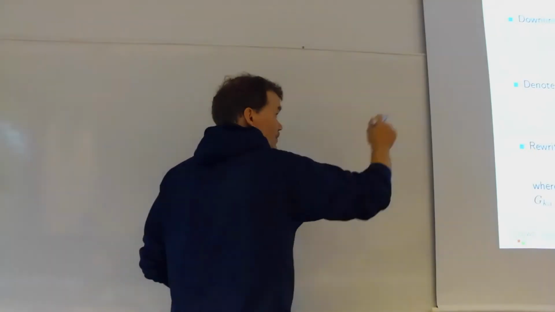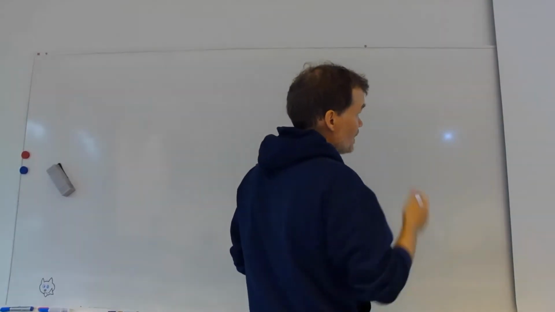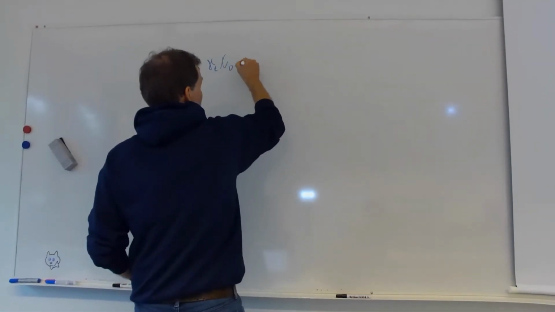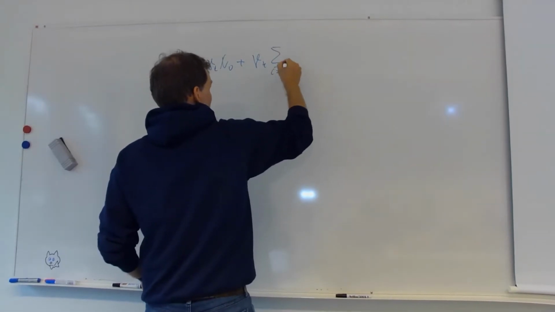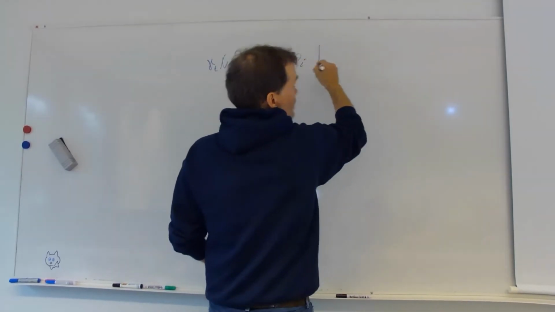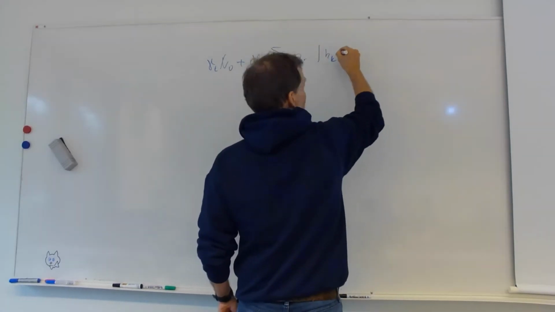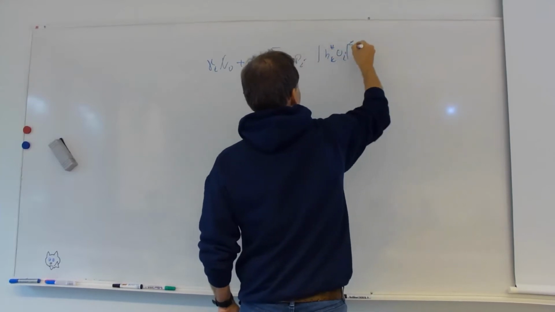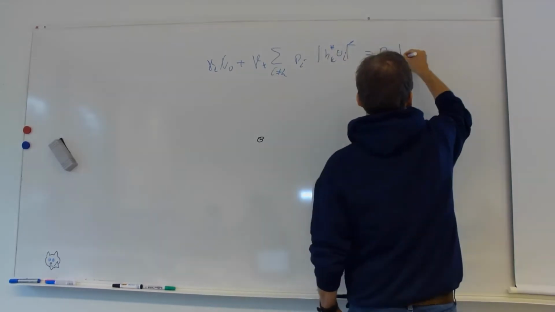So we can start rewriting the SINR by multiplying both sides with the denominator. So we get gamma_k N0 plus gamma_k sum over i not equal to k of p_i h_k^H u_i squared equals p_k.